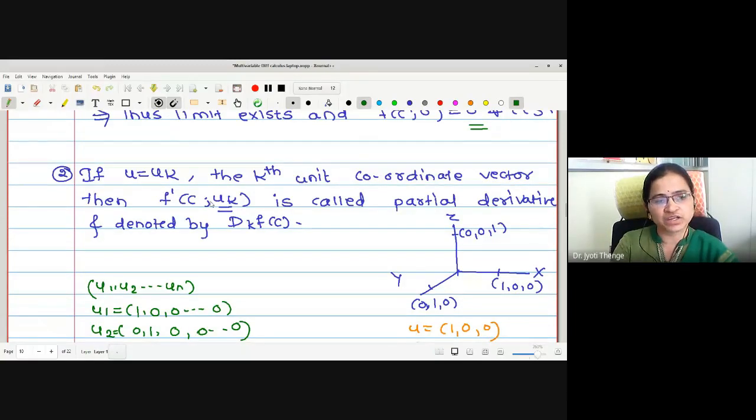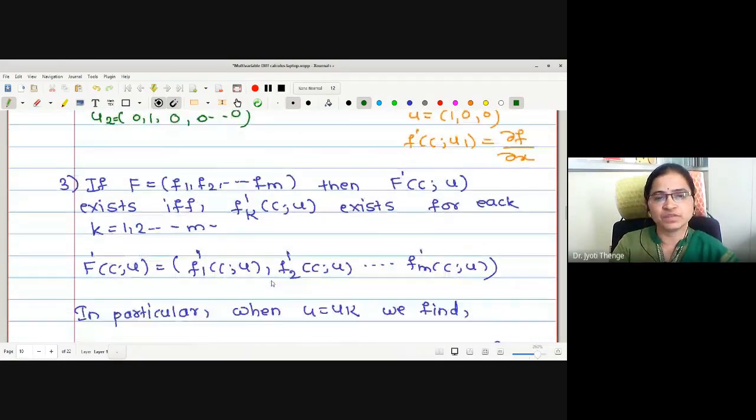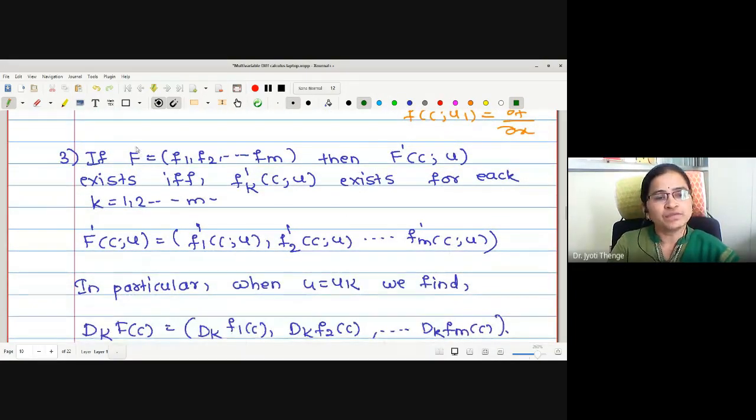If I restrict the direction of the directional derivative to this, then it gives us the partial derivative along the kth coordinate axis, denoted by dk f c. That is, if I restrict the direction along the kth coordinate axis, then this will be the derivative with respect to the kth variable. Later, if the function is vector valued of many variables, that is, f is a function of the type Rn to Rm, then the directional derivative of capital F exists if and only if the directional derivative of every coordinate function exists.